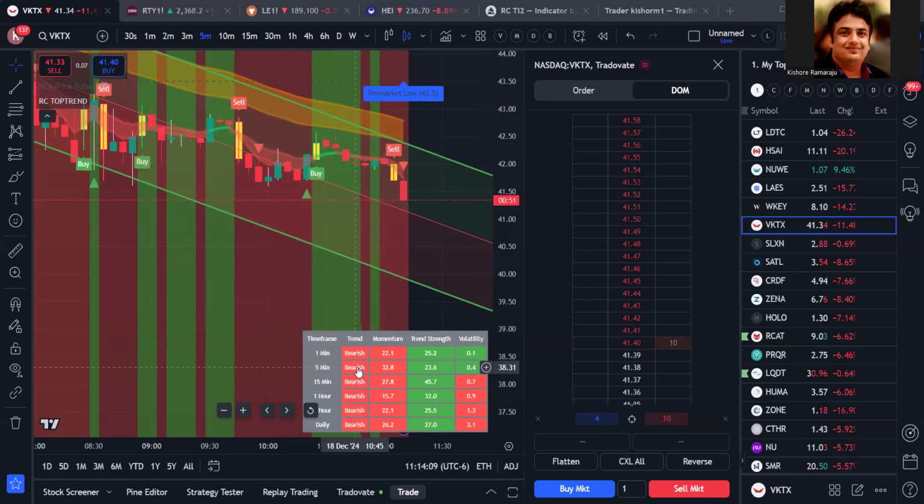Now I got a sell signal. Your trend is completely bearish. Now I can go and buy the puts for VKTX, or I can sell the calls.